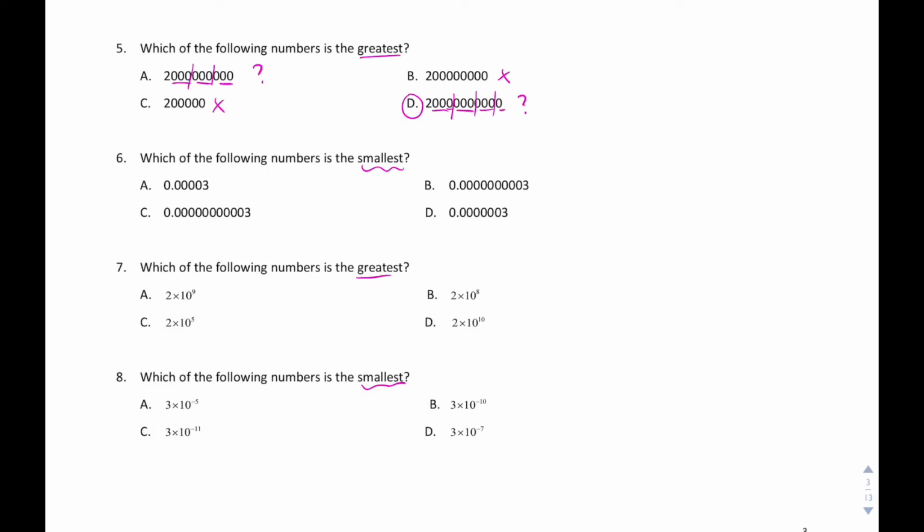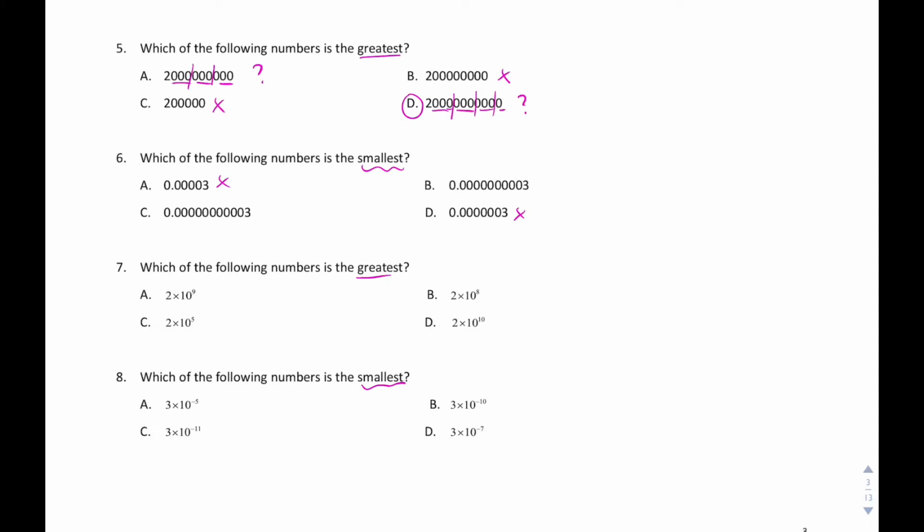For question 6, which is the smallest? Similarly, you can easily find A and B are not the answer. And for C and D, you have to count the number of decimal places after the decimal point.